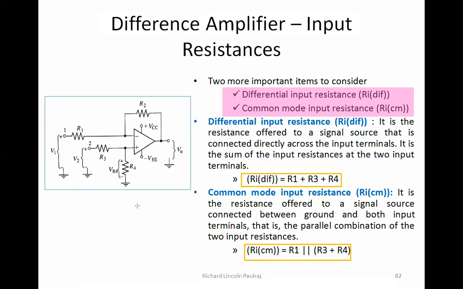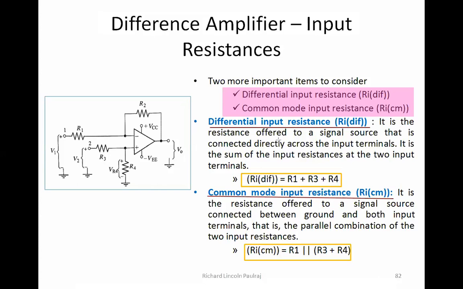So specifically, it is a differential amplifier. Good. We are looking at two kinds of combinations here, as I mentioned previously. Number one is the differential combination, and the other one is the common mode configuration. Now let us see one by one what these are referring to.